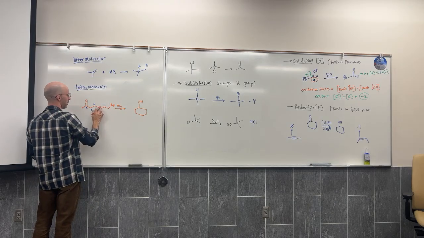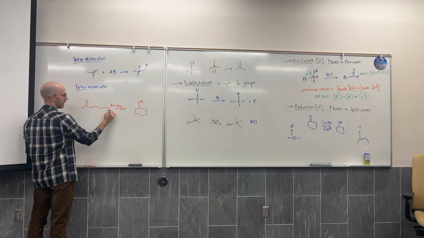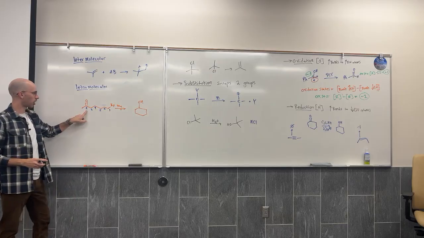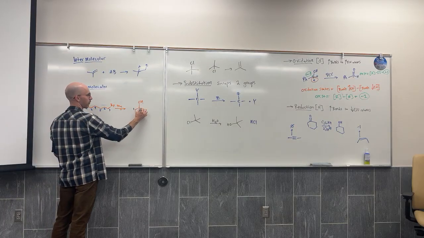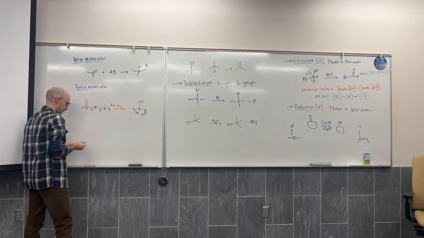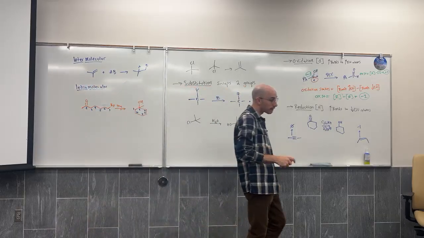If I start at the carbon that's bonded to bromine, and then I map over to the carbon that is the ketone, what I can see is the formation of my ring. Tell me that I'm missing the methyl group from my ring. Good.